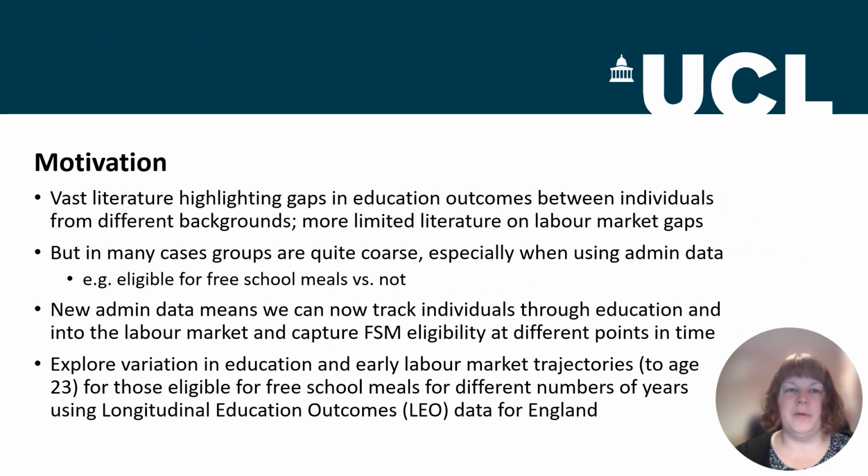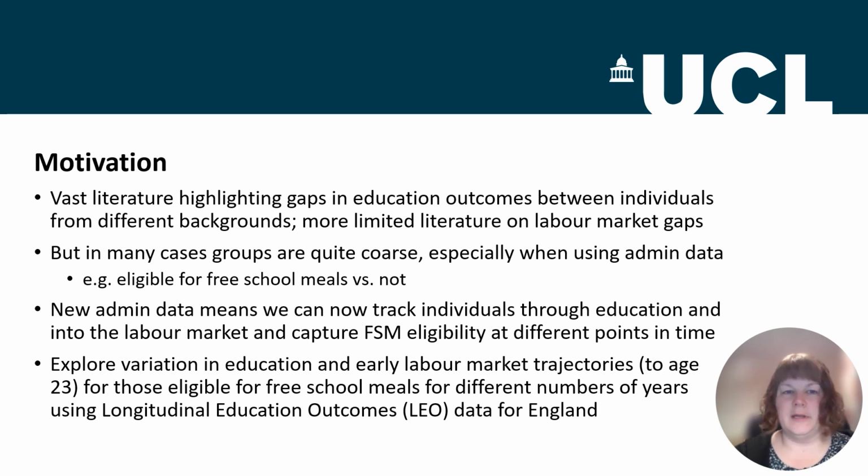So just to give you a bit of background to our project, we know that there's a vast literature highlighting really substantial gaps in education outcomes between individuals from different socioeconomic backgrounds, a slightly more limited literature on labour market gaps. But in many cases in these pieces of analysis, the groups of interest are quite coarse, especially when they are determined using administrative data.